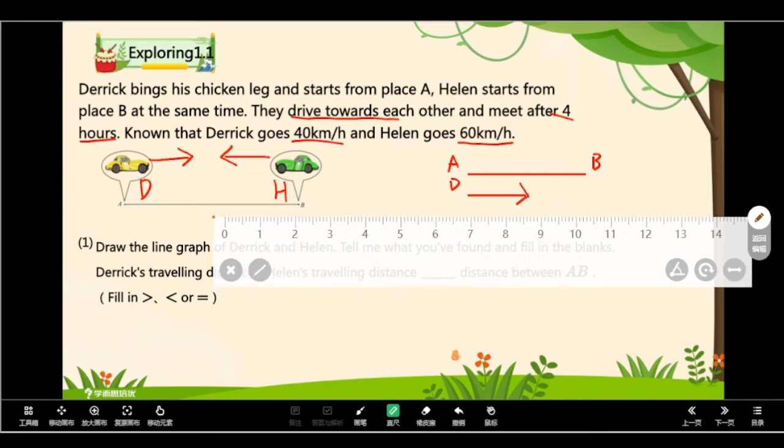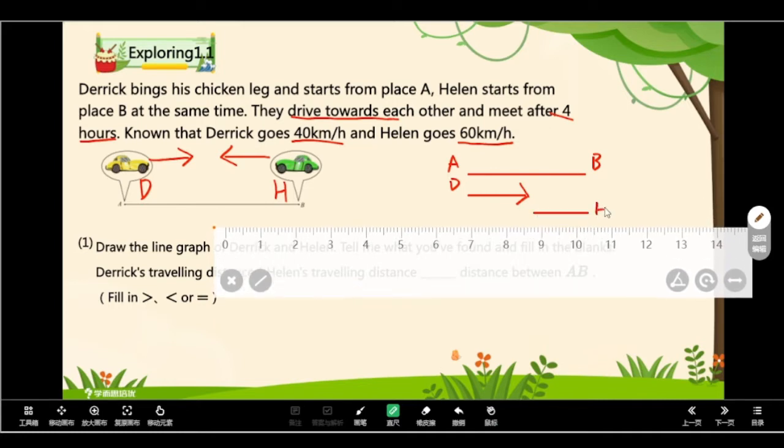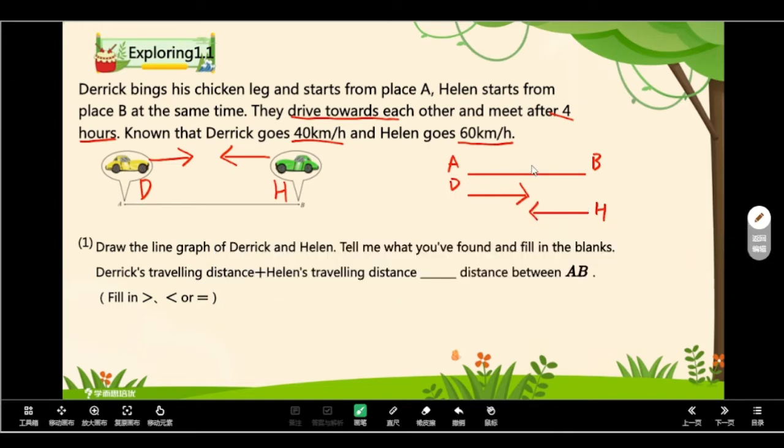And how about Helen? Helen starts from place B. So Helen is here and she goes this way. And you can see from the diagram, they will meet. Okay? They will meet when they travel towards each other. So Derek goes 40 km per hour and Helen goes 60 km per hour.